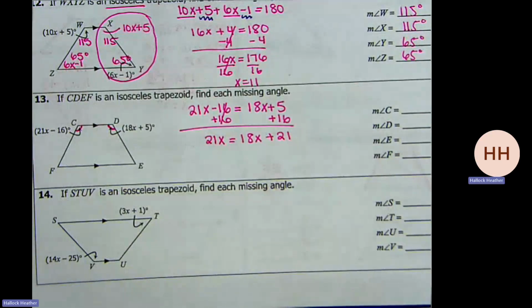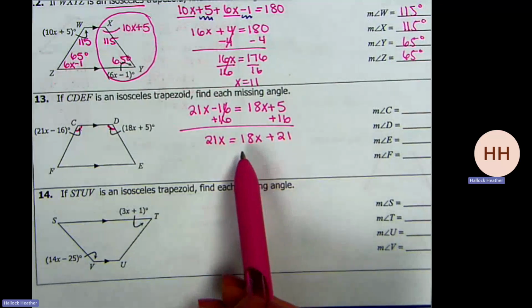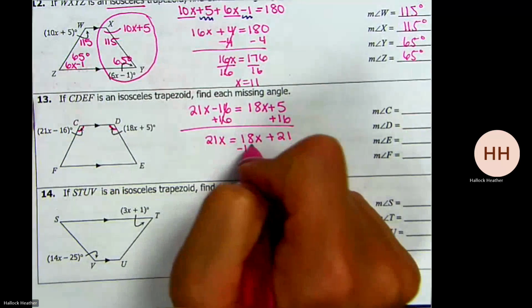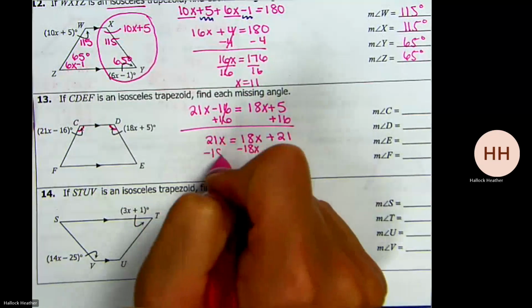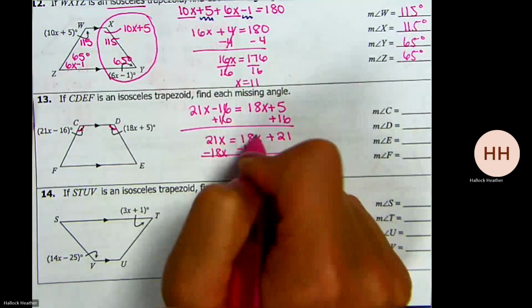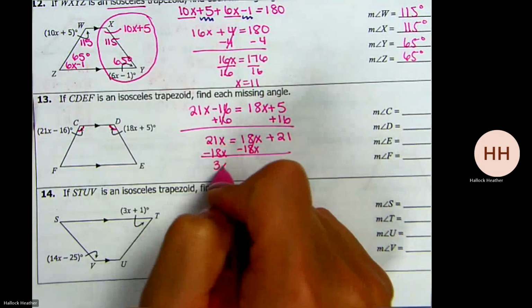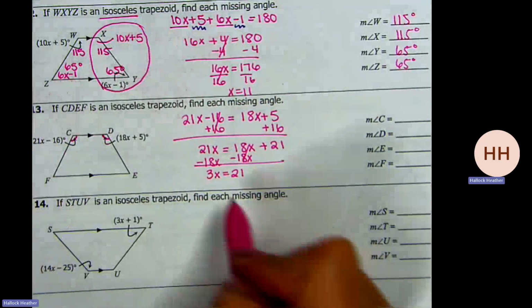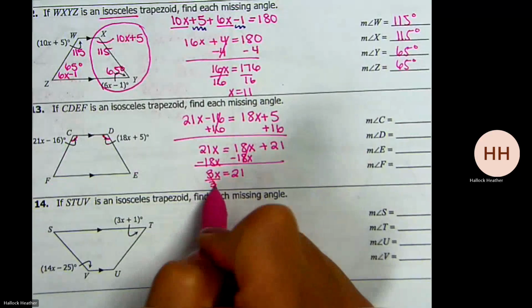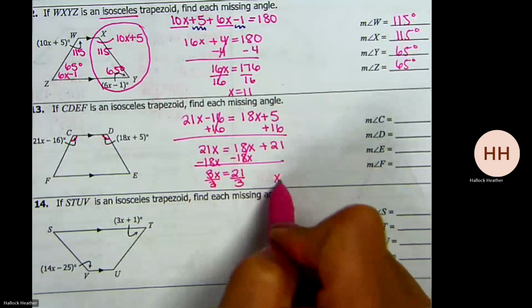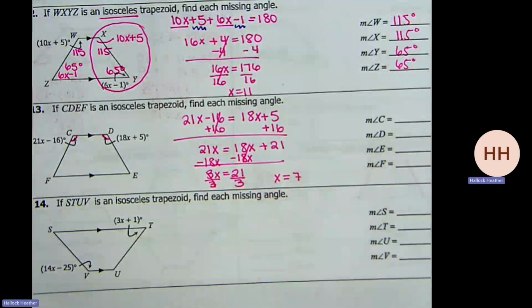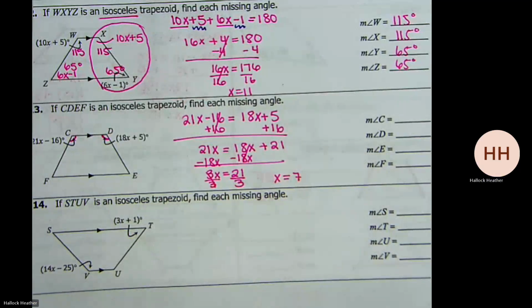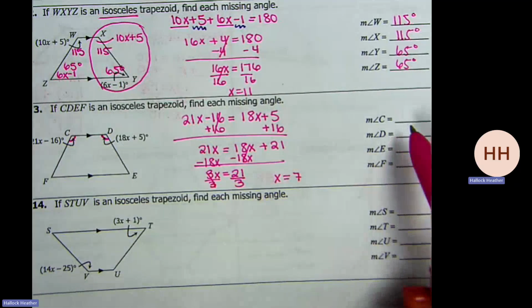Now I'm going to move my x to the other side. So it's positive 18. So I'm going to subtract 18 to both sides. And then I have to divide. Okay, so x is 7, but I have to plug it back in.